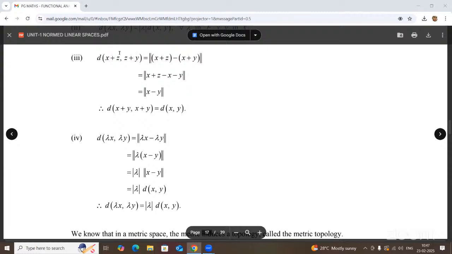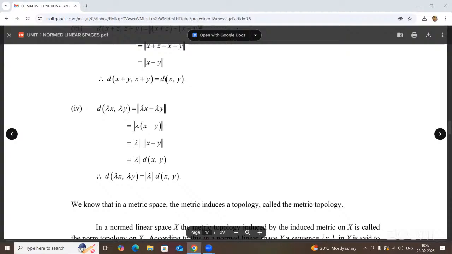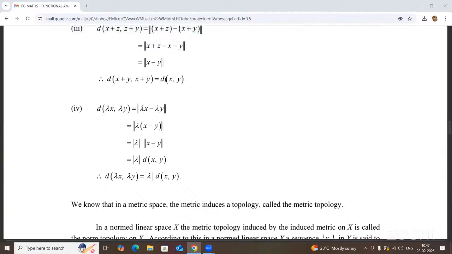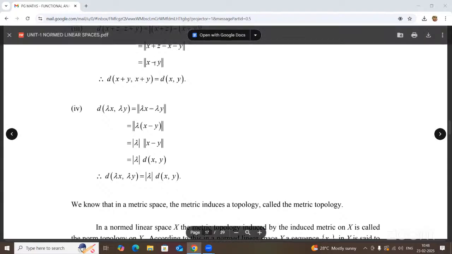So d of x and y, by the definition, is norm x minus y. We are replacing y by z plus y, so this is also z. After the simplification, we are getting norm x minus y. So finally, we are getting d of x plus z and z plus y, which equals d of x and y, because by definition norm x minus y equals d of x and y.